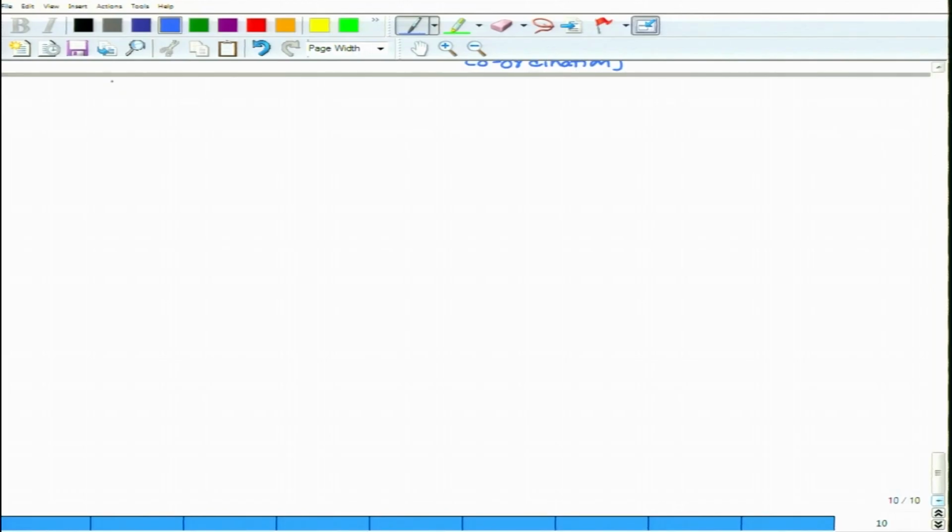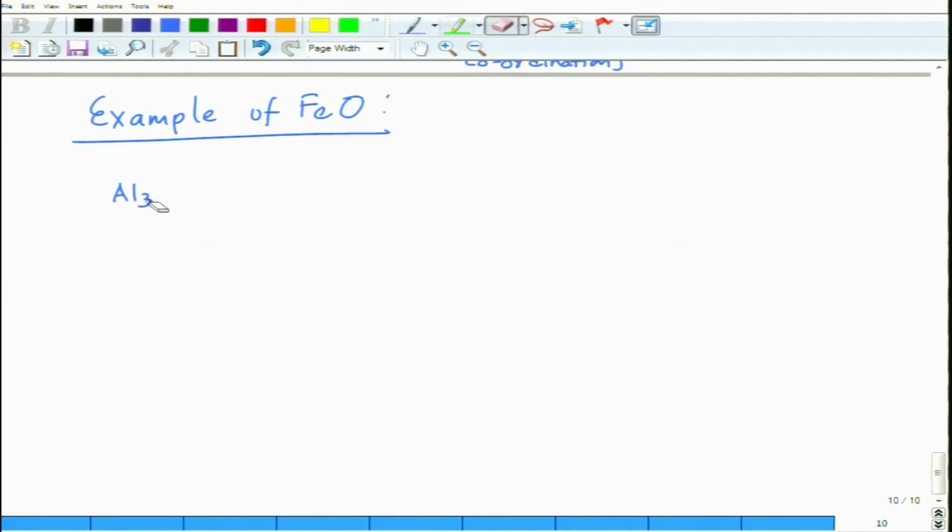So, for example, if you look at example of FeO, if you look at various cations like Al3+, Al3+ has a radius of 0.053 nanometer, and this is RC. Okay.